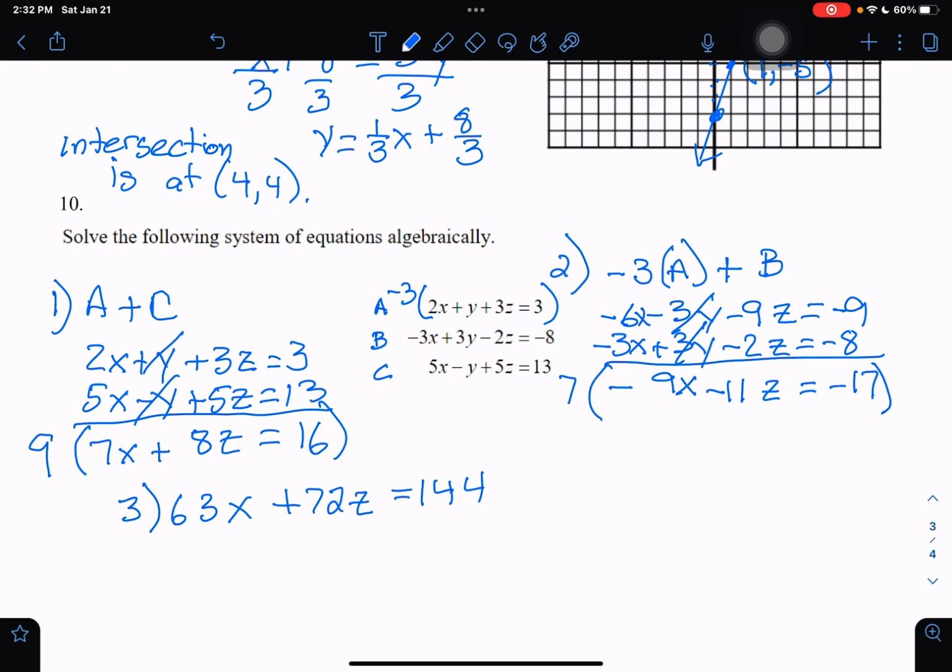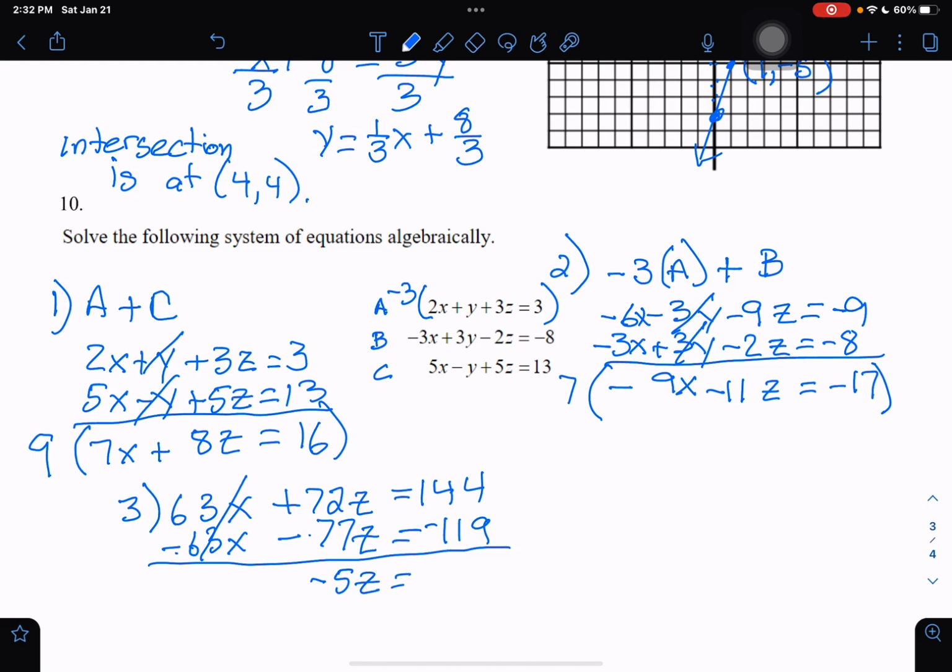When I multiply this one, I have negative 63x minus 77z is equal to negative 119. When I add these, the x's cancel, and I have negative 5z is equal to negative 25. I divide by negative 5, divide by negative 5, and z is equal to 5.